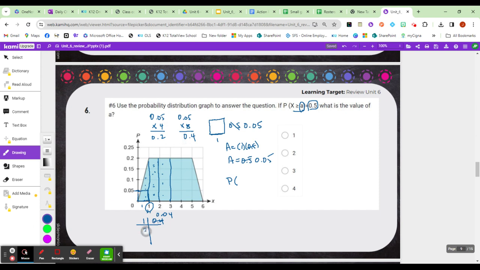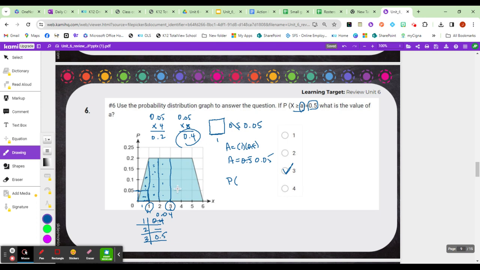So 2 is still less than 0.5. But when I get to 3, I have 0.4, and then I have these partials, which is going to get me to 0.5. So they want 0.5 or higher, 0.5 or higher. So that's going to happen when A is 3. Got to get all the way to the 3 for that to happen.